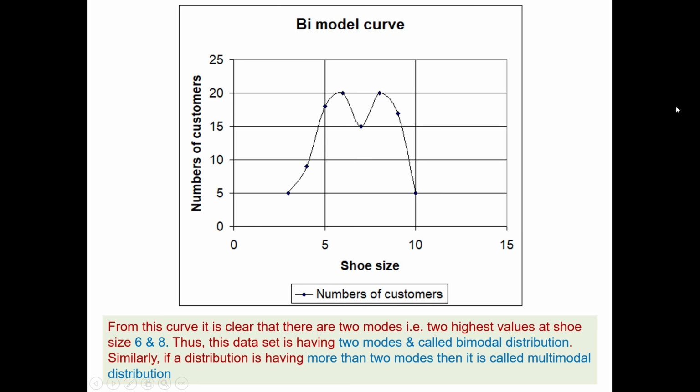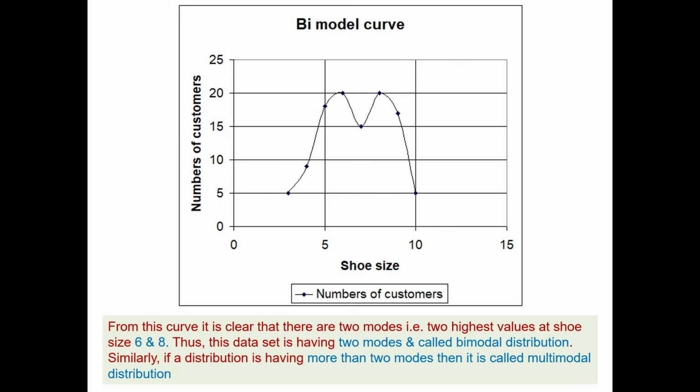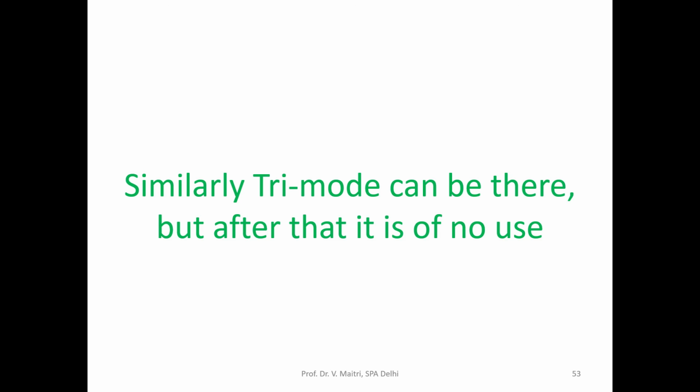There are two modes, at 6 and 8, meaning shoe sizes 6 and 8 are in maximum demand. If there are more than two modes, it is multimodal, but after that it is of no use, because with three or four modes it does not give us a useful proposition.